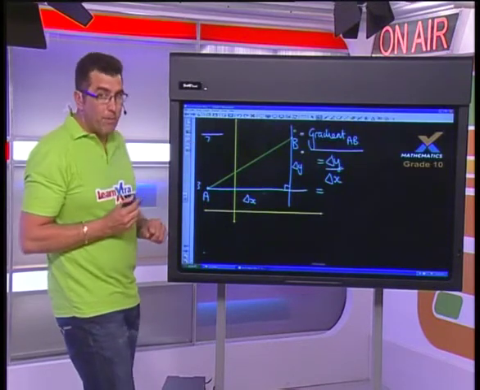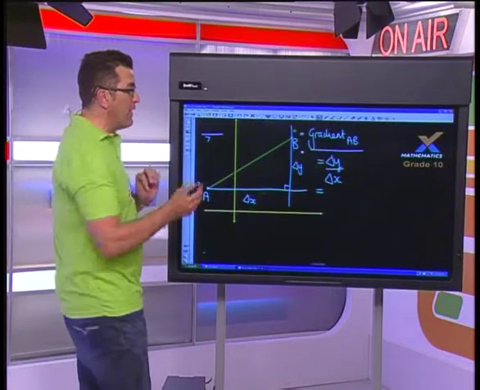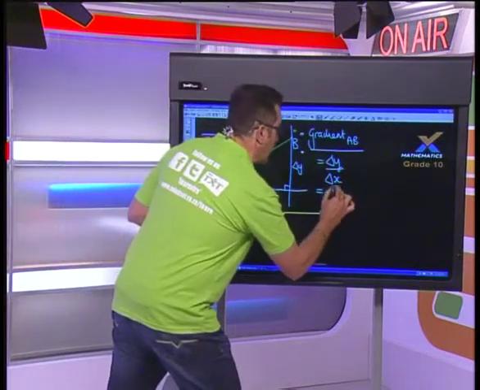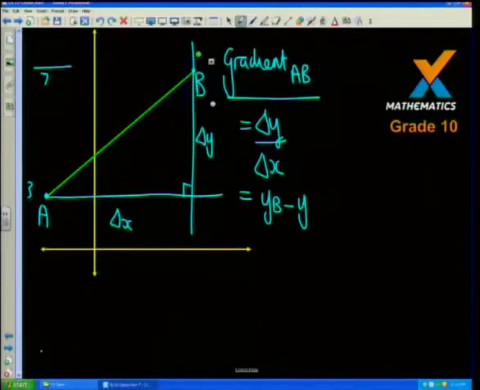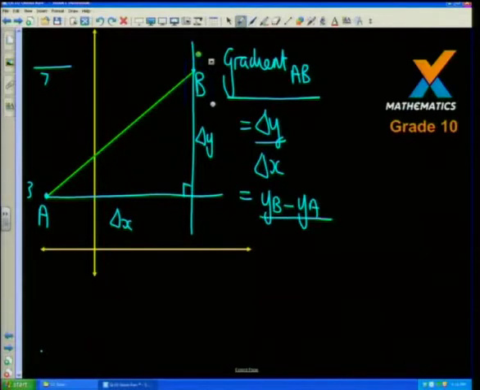So 7 minus 3 gives me the 4. The same way as the y-coordinate of B minus the y-coordinate of A will tell me the distance between those two parallel lines.